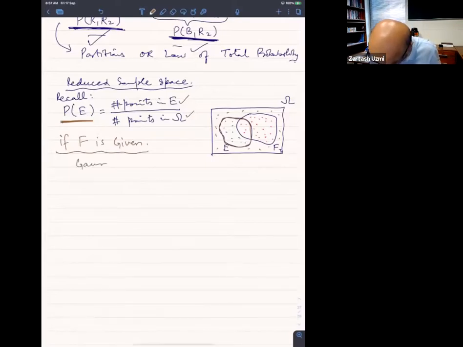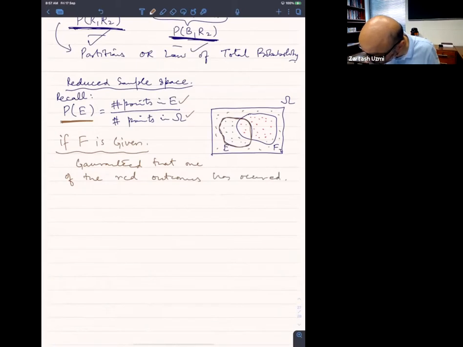Why? Because F is given. F only occurs when one of the red outcomes occurs, because those are the only ones which support F. So now your world is limited to these red guys.